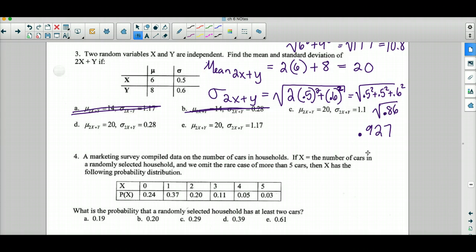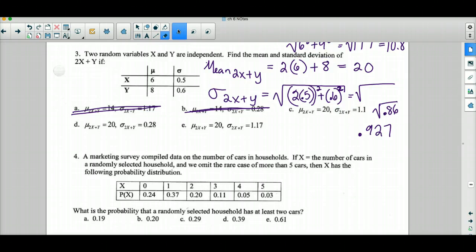Oh, I did this wrong. Okay, hold on. This I should have done 2 times 0.5 and then squared it. My order was all wrong, because you're doubling the x.